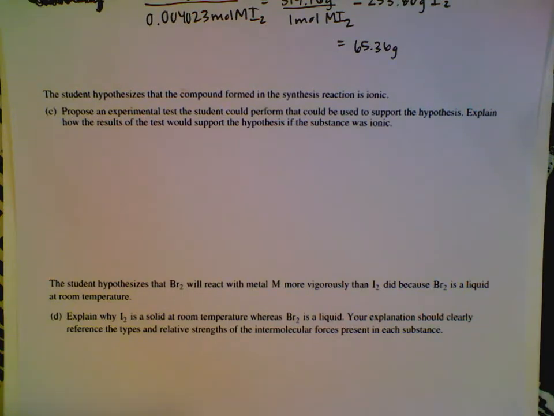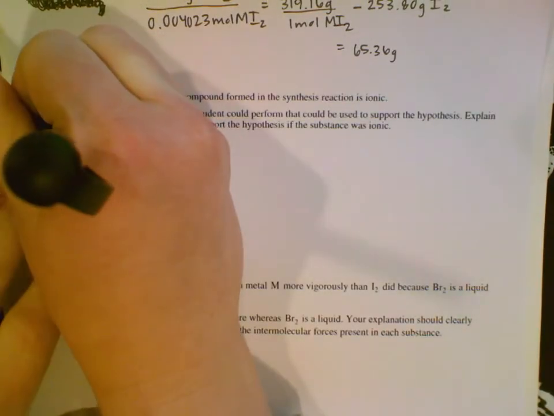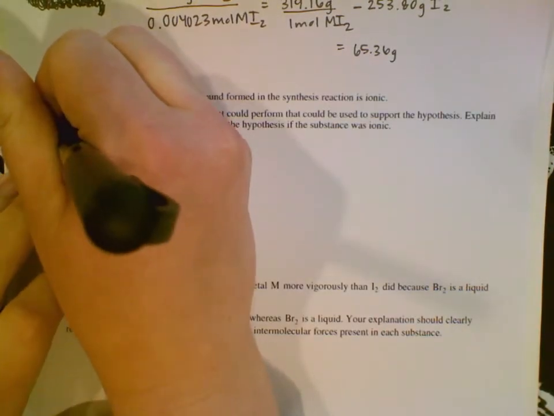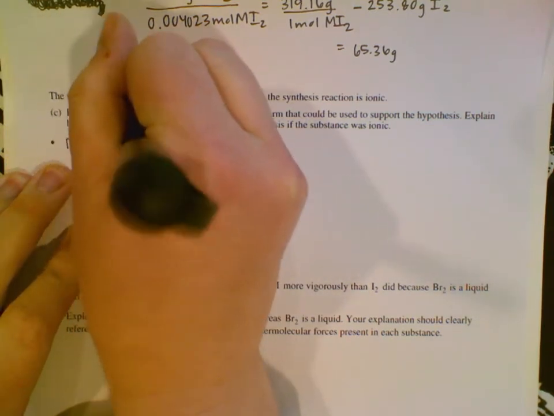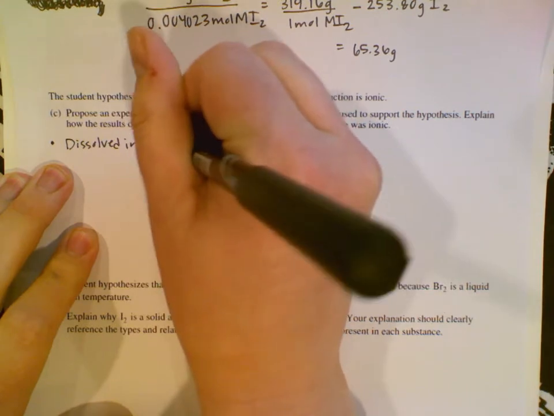There are some different things that you can do to say if something is ionic. You know that if it's dissolved in water, it's going to conduct electricity.